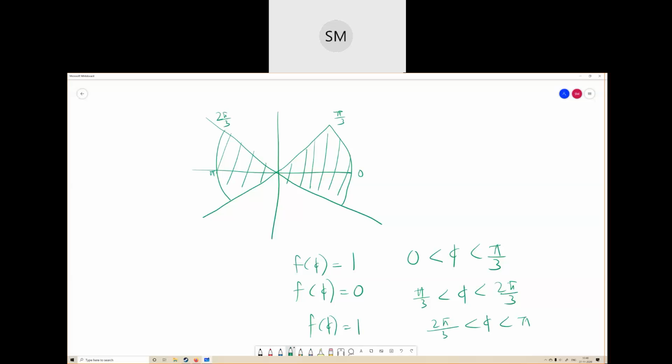We have not drawn the axis. For example, if we have drawn it like this, this will be the axis on which the array is there. Okay, so it's an end-fire pattern, right?